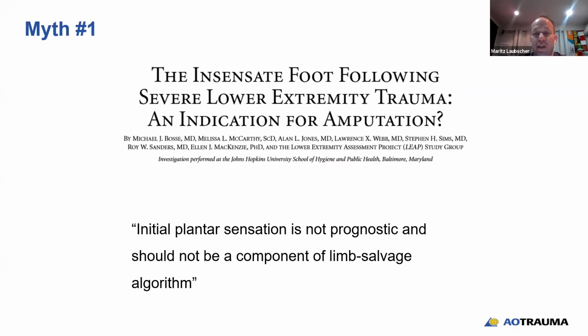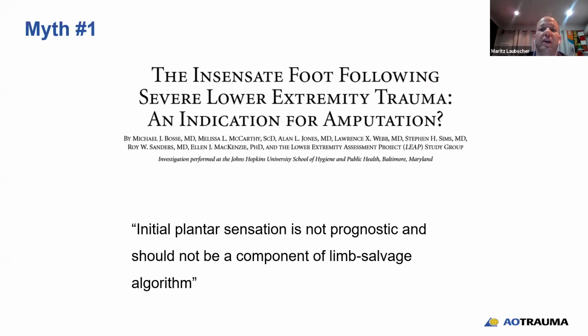About 50% of those with initial loss of plantar sensation, for whatever reason, a nerve contusion or a partial nerve injury, regained sensation eventually. So an insensate plantar aspect of a limb should definitely not be used as an absolute indication for surgery.